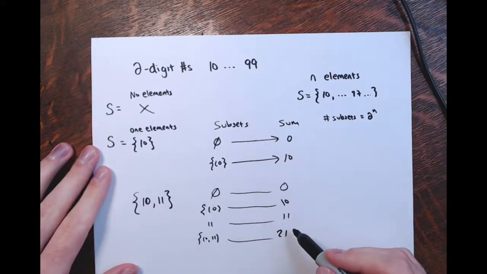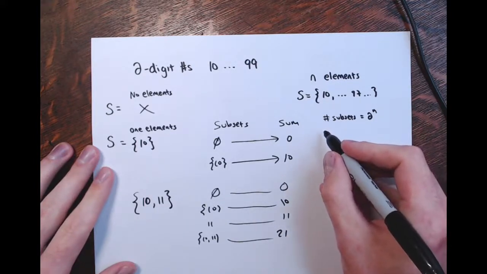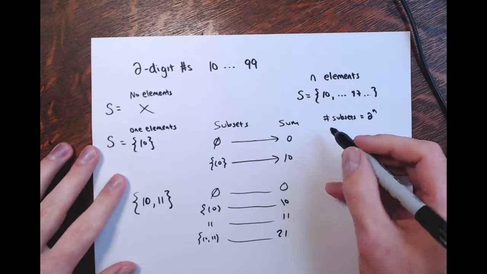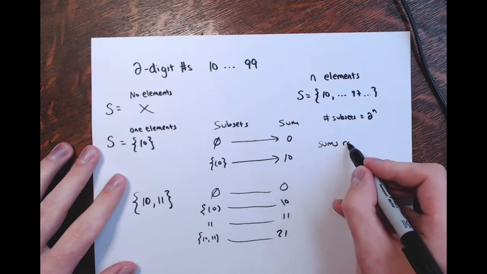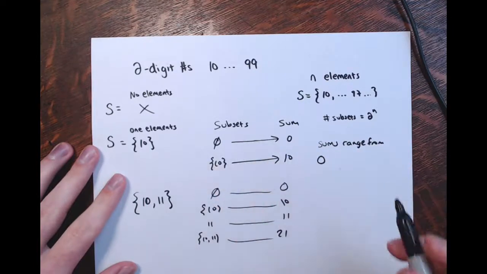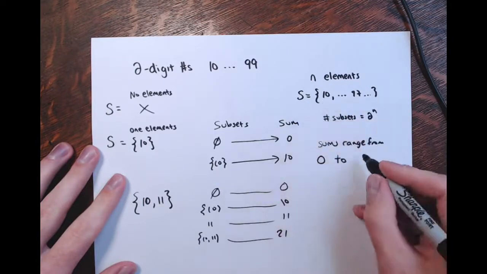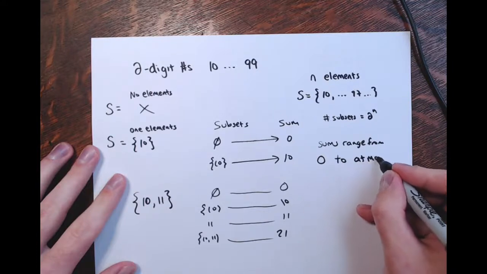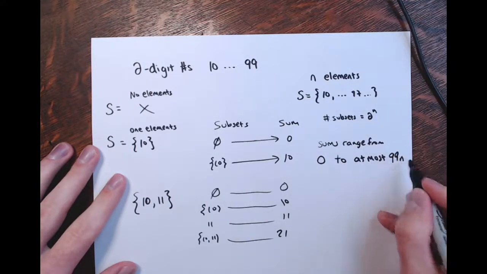Now the number of possible sums would range from 0, which would be the sum of the elements in the empty set, to at most, if you picked all of them, 99 times n.